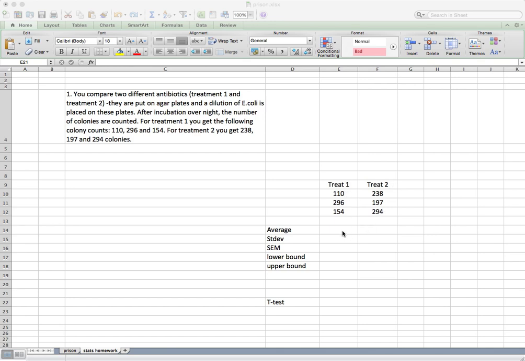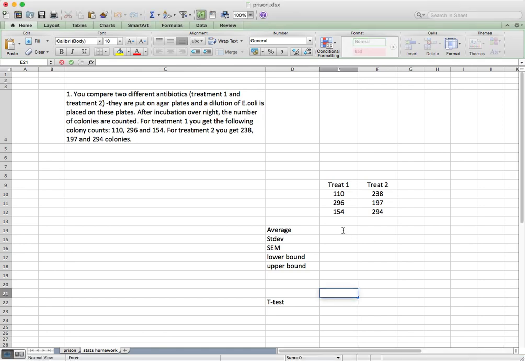The first thing that we want to do is calculate the average for the different treatments. We can do that very easily in Excel. We just put in the equation for that. It starts with an equal sign and then we put in average. As soon as we start typing, we come up with some choices. We simply click on average and then we drag down.